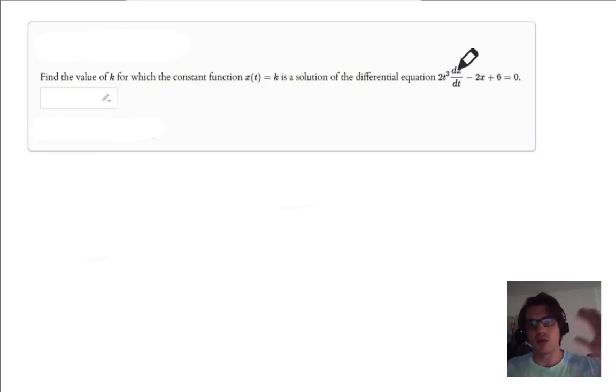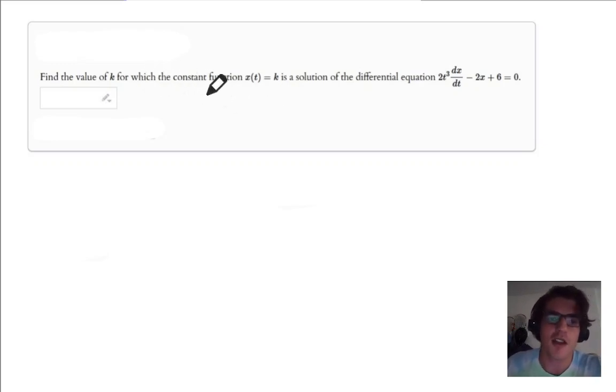So this is normally dy dx, but now it's dx dt. So instead of a y equals something x, we have an x equals something t. So when we take the derivative of x, we're taking it with respect to t. This should be familiar from calculus, but it's good to refresh. And you do see a lot of this in differential equations, so something to look out for.